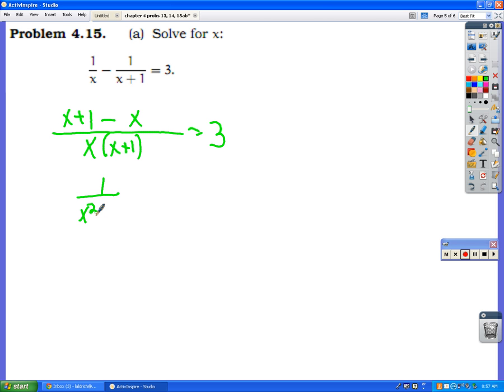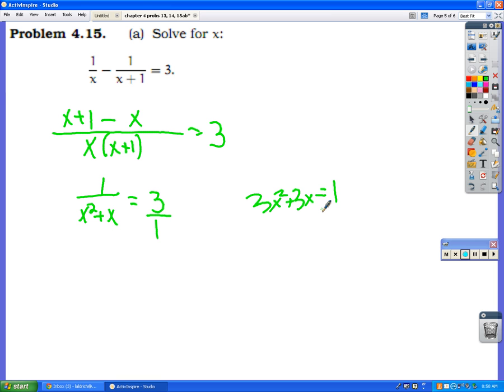So I get 1 over, I'll go ahead and distribute now, 1 over x squared plus x equals 3. Now what? I'm going to basically cross multiply. So this times this is just 1, and this times this is 3x squared plus 3x.